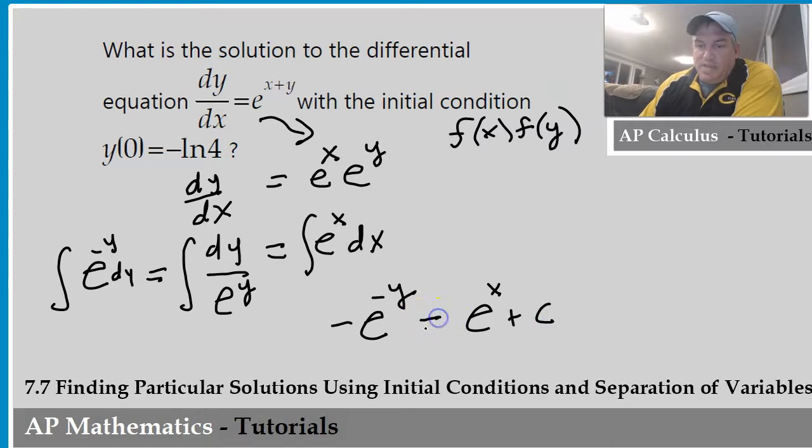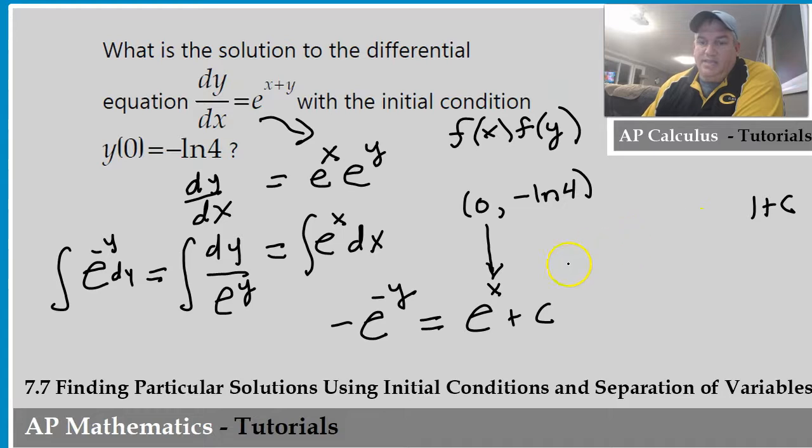And at this moment, I'm going to use my initial condition. When x is 0, I get a negative natural log of 4 for my y value. So when I put in x equals 0, e to the 0 on this side gives 1 plus c.